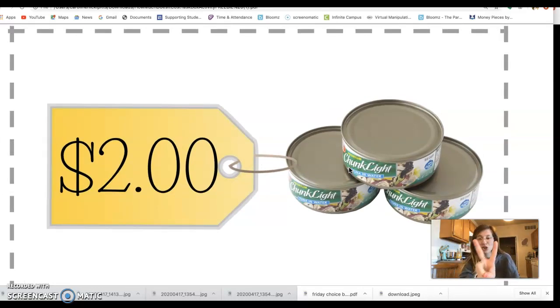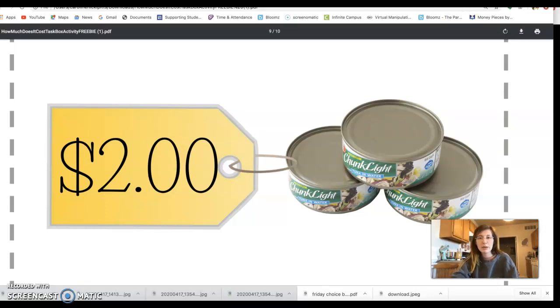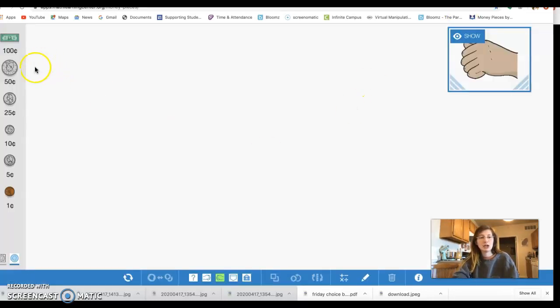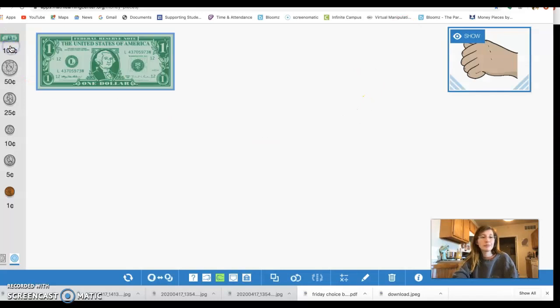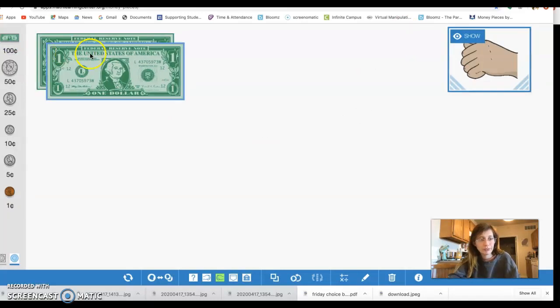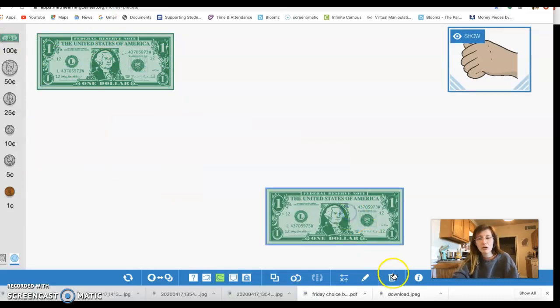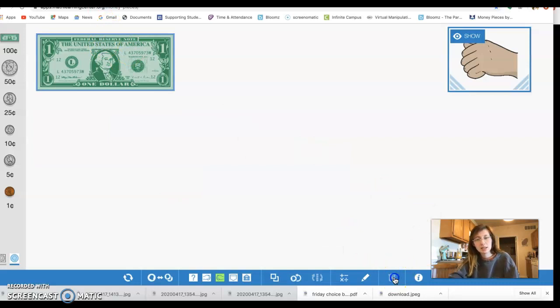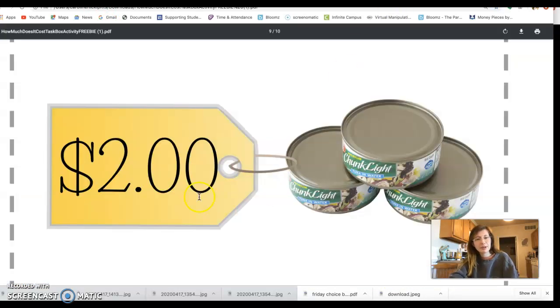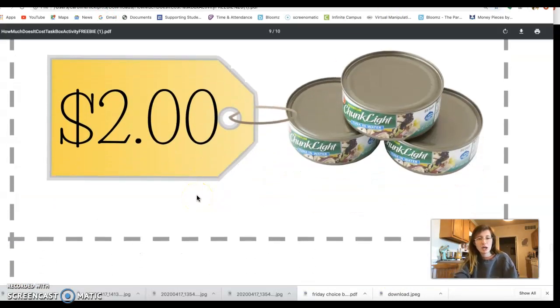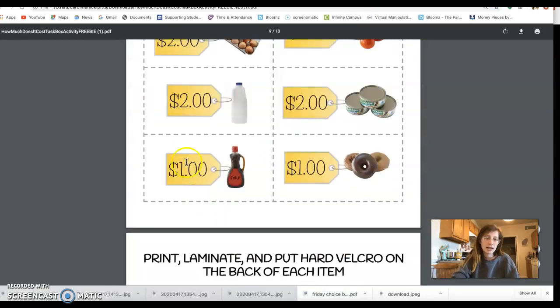Good job. It is $2. So, go ahead and get your money ready. You're going to count 1, 2. Good job. Go ahead and hand that over and pay up.